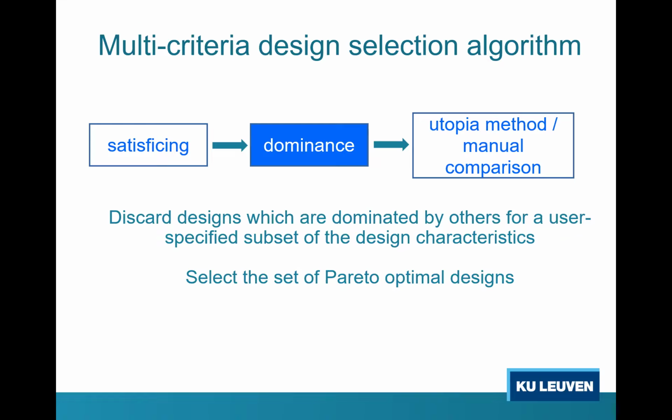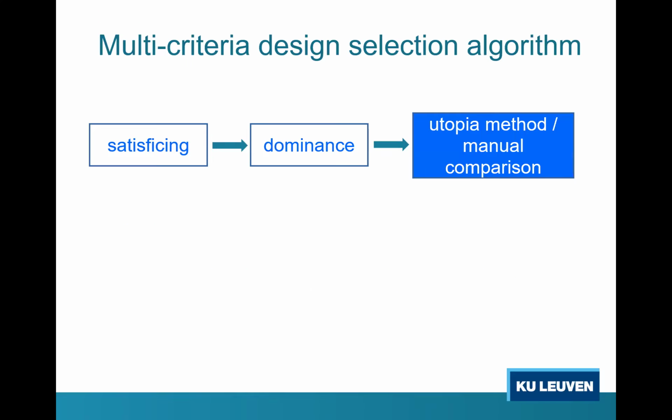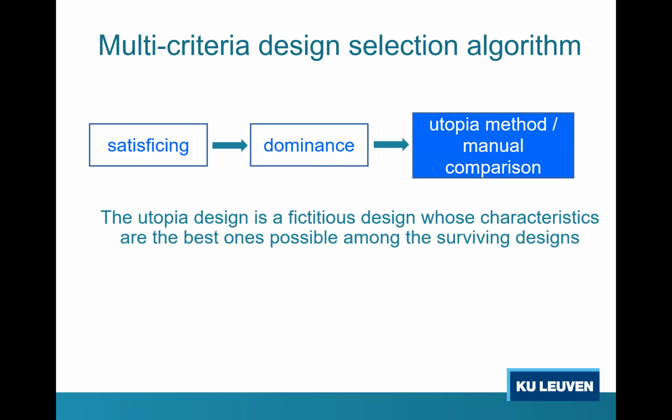And then in the final step, out of all the OMARS designs that belong to your Pareto front, you need to make a wise selection. You can do that in various ways. If you're an expert in design of experiments, you maybe want to do that manually. But if you're not so much an expert in experimental design, you may want to use the utopia method to automatically select one design from the Pareto front.